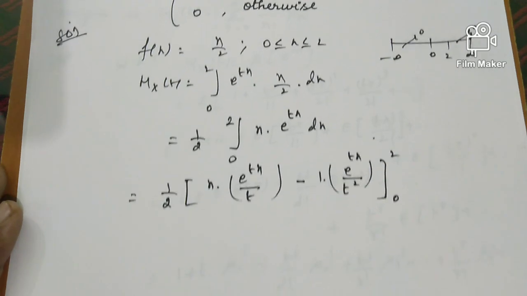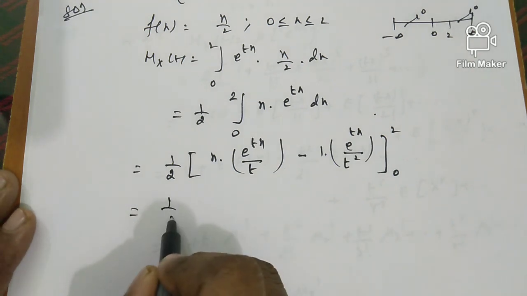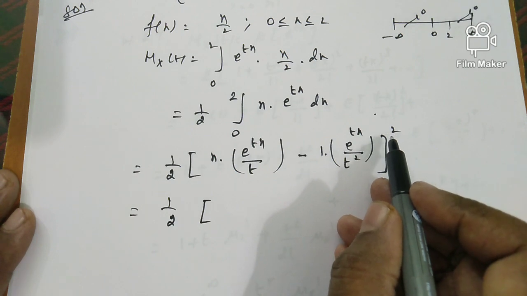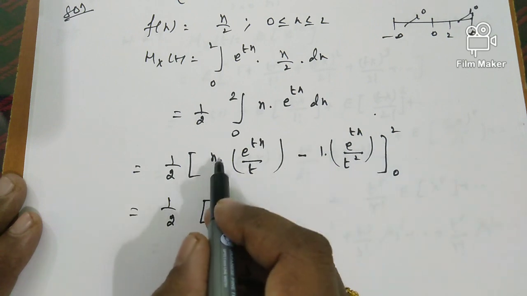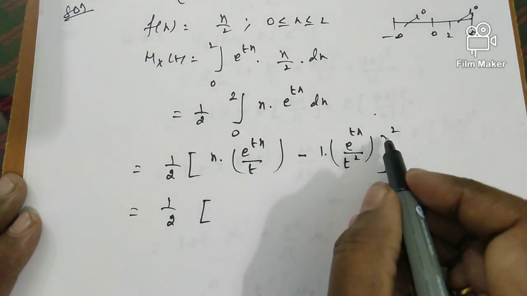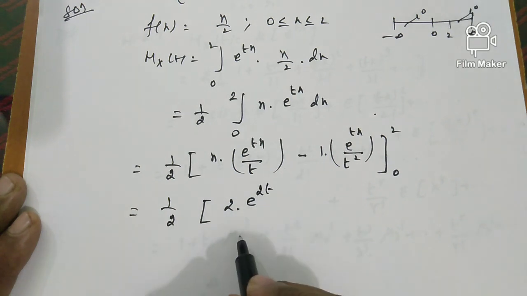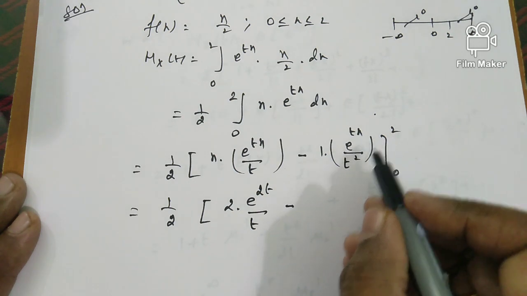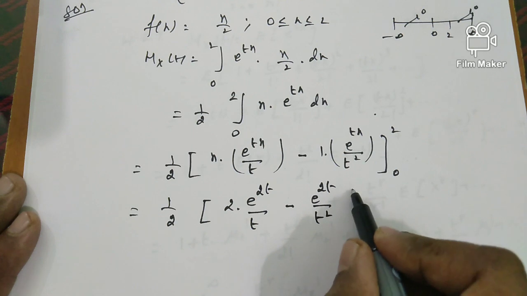Okay, so now we are going to apply the limit for x. 1/2 into, upper limit is 2, lower limit is 0. Wherever x comes we can put 2. So 2e^(2t) divided by t, minus here also e^(2t)/t^2, this is our upper limit.